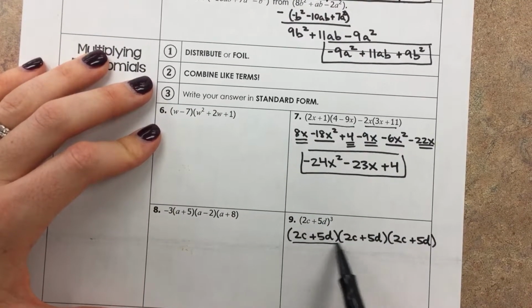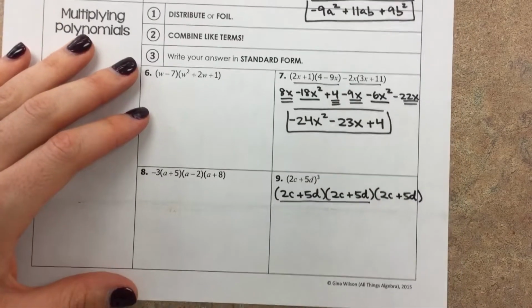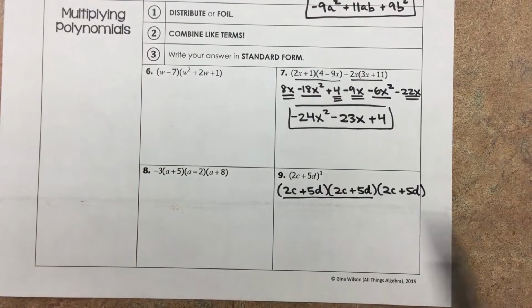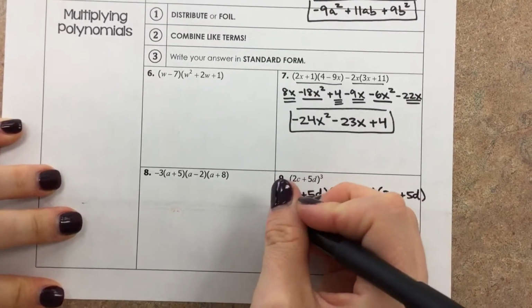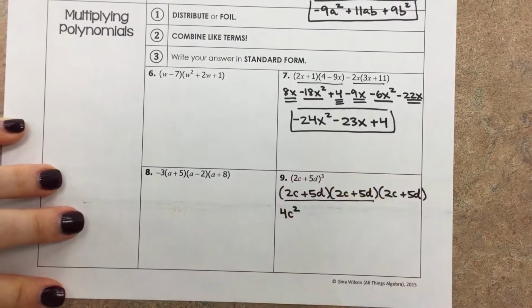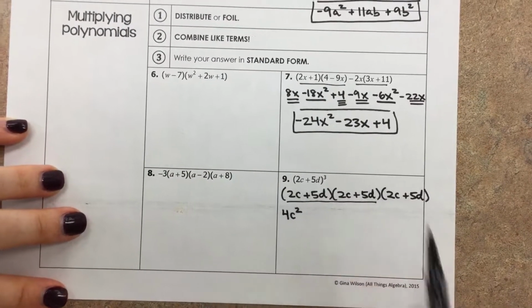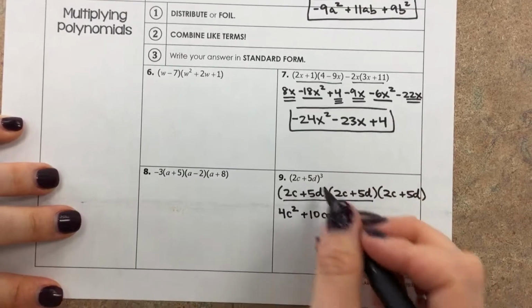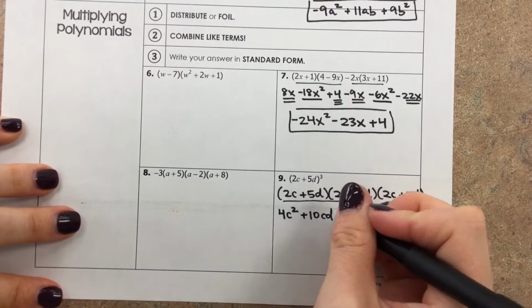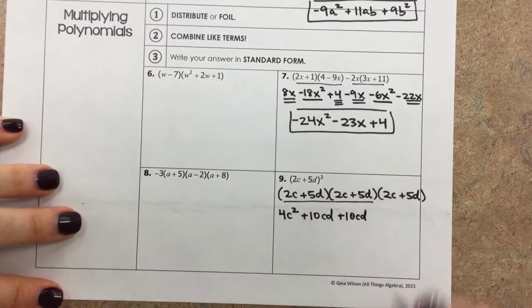I'm going to start by multiplying these two together first. So you FOIL and then simplify as much as we can and then multiply by the third piece. So FOIL these out. 2c times 2c would be a 4c squared. Outside, 2c times 5d would be 10cd. Inside I have basically that exact same thing again, so I get another 10cd.